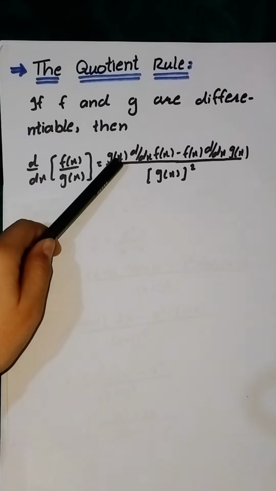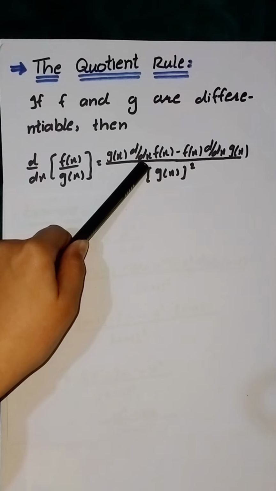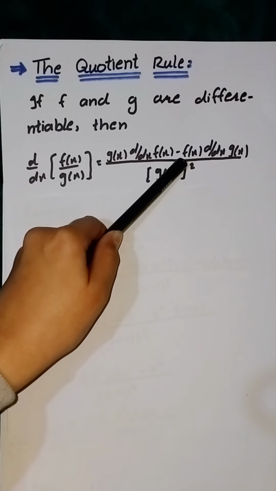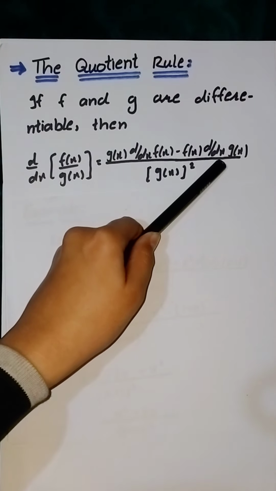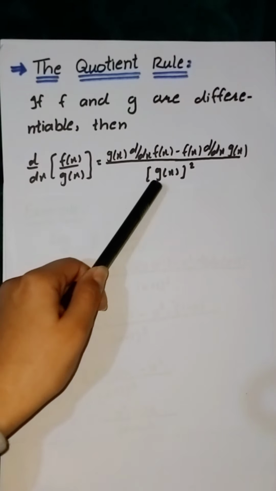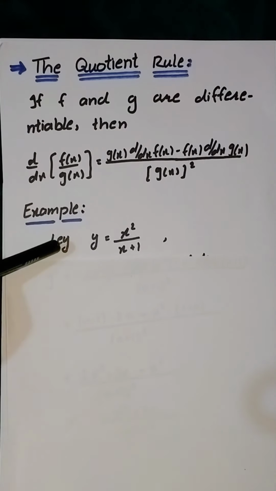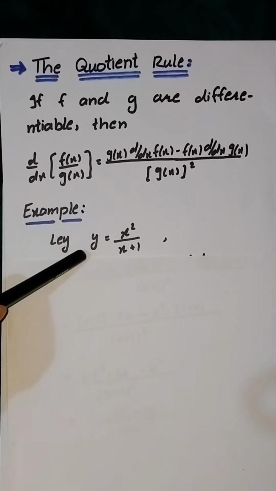In words, the derivative of a quotient is the denominator times the derivative of the numerator minus the numerator times the derivative of the denominator, whole divided by the square of the denominator. So this is the quotient rule, and here we have an example.